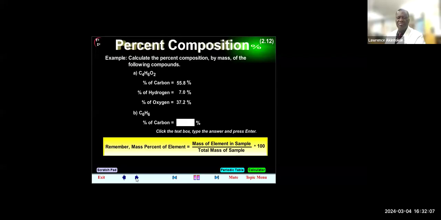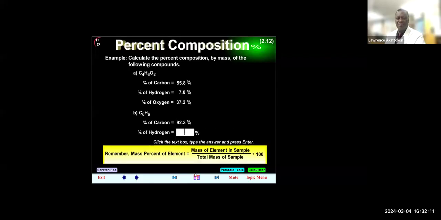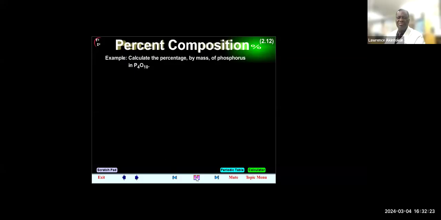Percent of carbon equals. Percent of hydrogen equals. This is the second example, C6H6. Calculate the percentage by mass of phosphorus in P4O10. All right, I want you to do this. Do more practice of this.